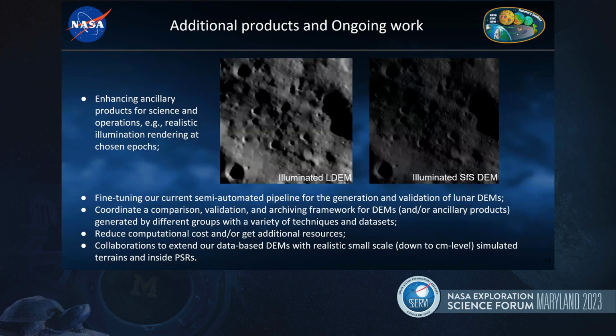So we're already using this pipeline to produce high quality terrain models around the South Pole, and we are continuously improving the reliability and the efficiency of our automated pipeline. Thank you for your attention.